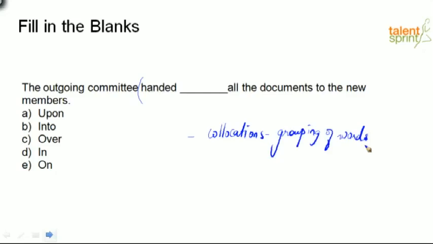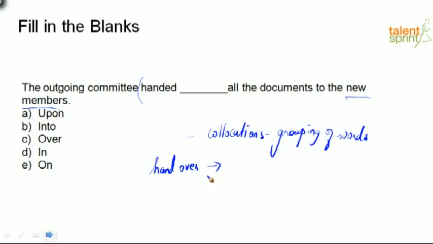So the outgoing committee handed over all the documents to the new members. The context is actually giving you the meaning where somebody was responsible for this earlier. Now we have new members in the picture, right? So when you say "hand over," which is in fact a phrasal verb, it means you are shifting or giving the responsibility to someone else.